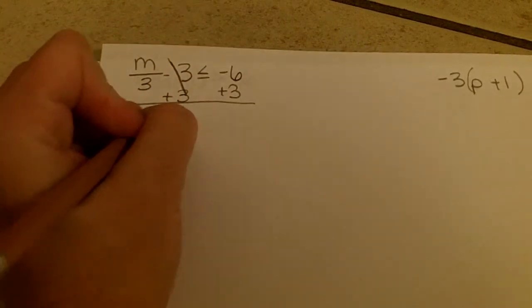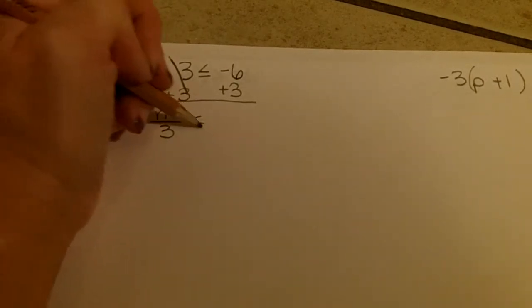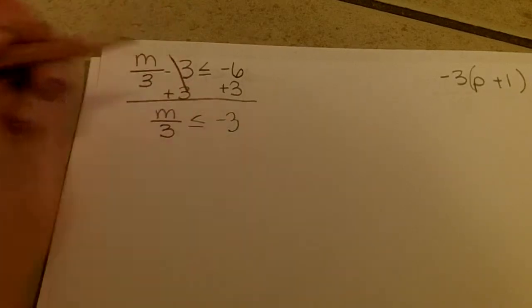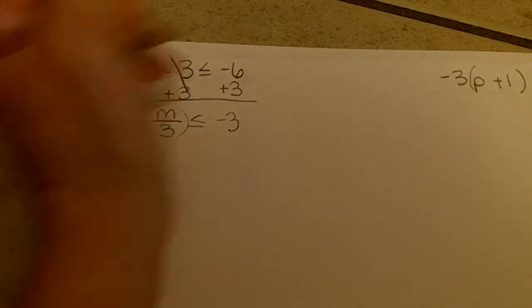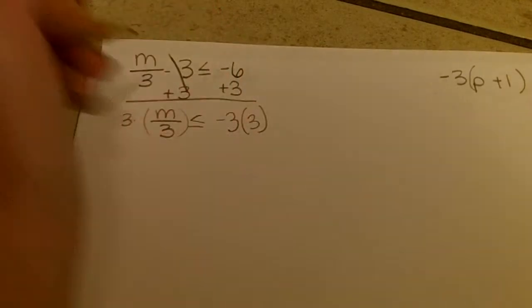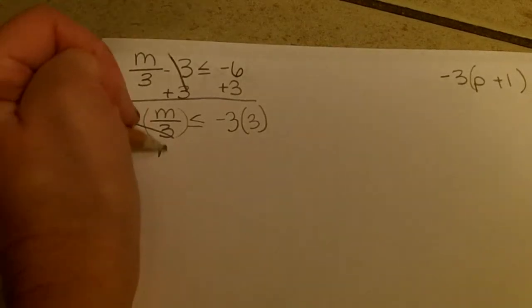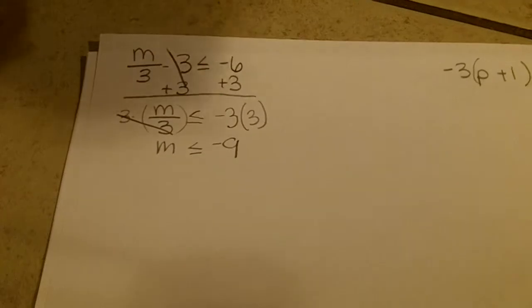That zeroes out and leaves me m over 3 is less than or equal to negative 3. I'm going to multiply both sides by 3. That crosses out to make one whole, so I have m is less than or equal to negative 9.